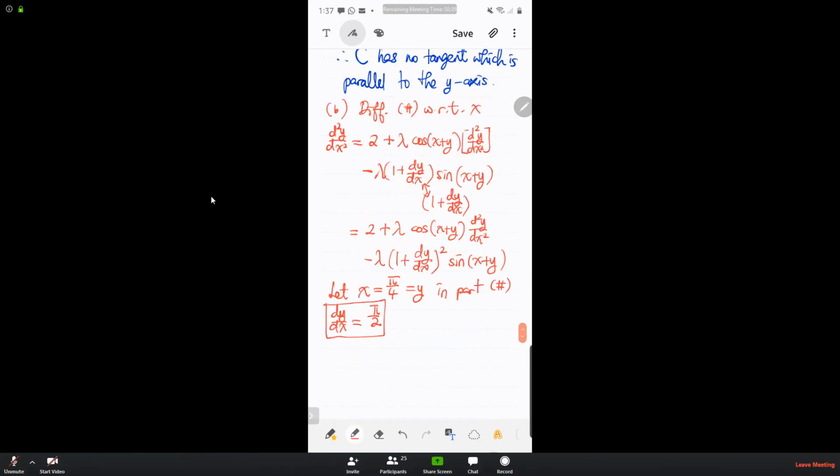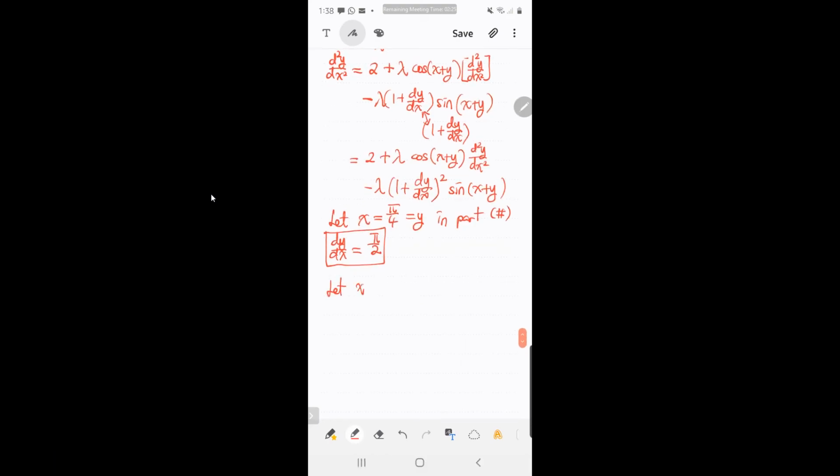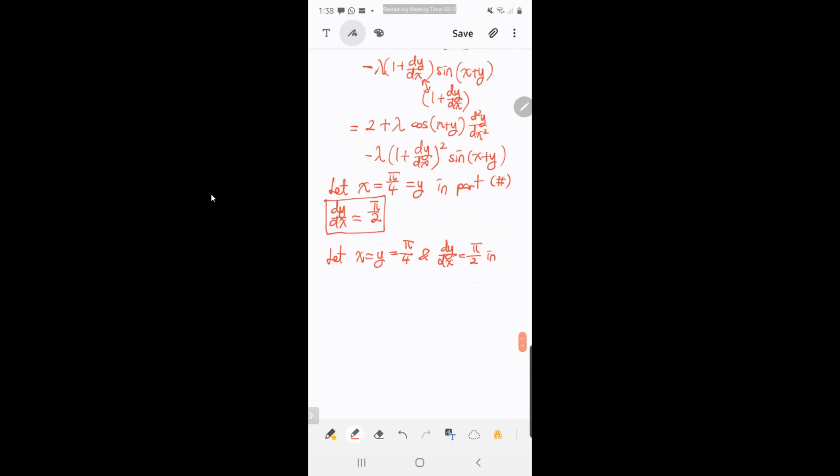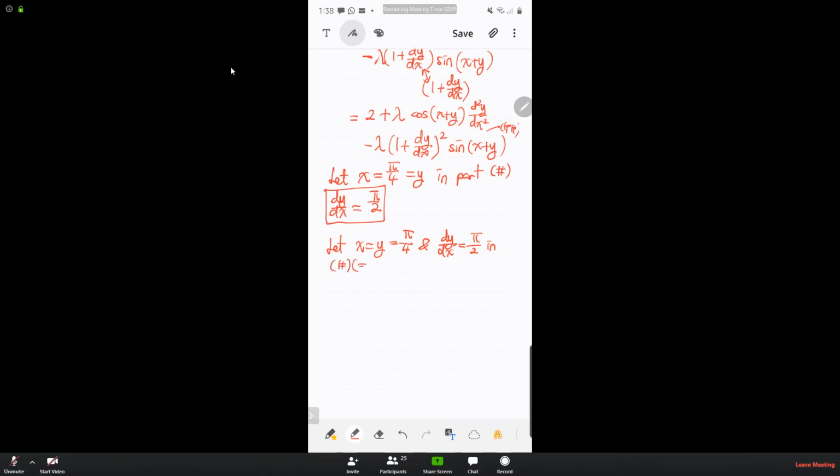Okay. Then after that, you let x equals y equals pi over 4, and dy dx equals pi over 2 in this equation. Let's say I call this equation hash hash, double hash. Then you will get the answer.